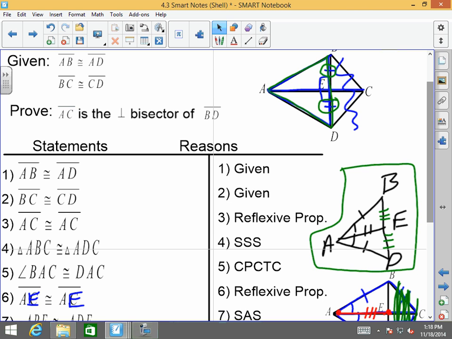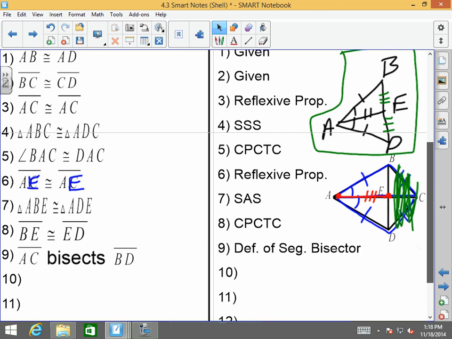We just proved that BE is congruent to ED, right? So remember what we're trying to prove: that AC is a perpendicular bisector to BD. So we have to prove the bisector part. So AC is now for sure a bisector of BD. Why? Definition of segment bisector.